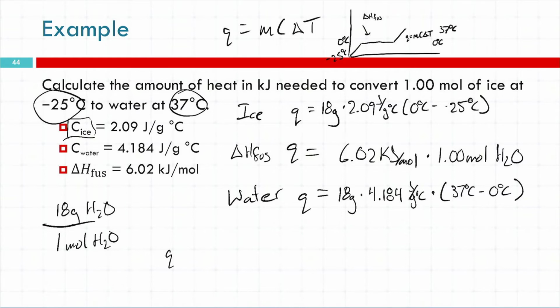Our Q total is going to be Q ice plus delta H fusion plus Q water, just to give them general names. And this is going to be 940.5 joules.